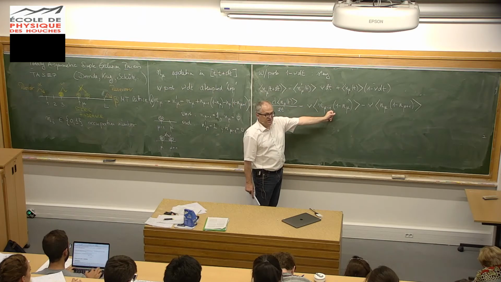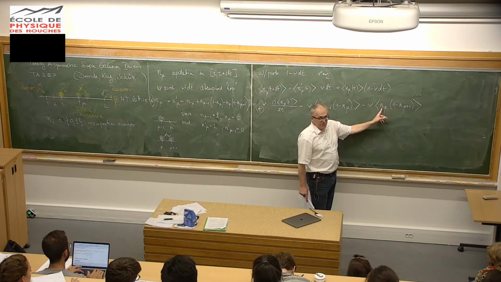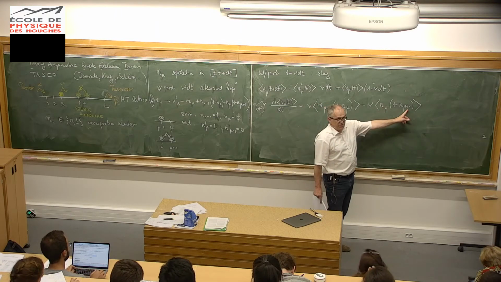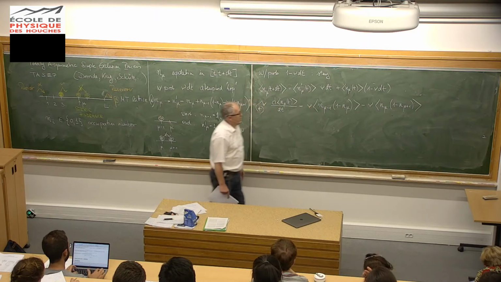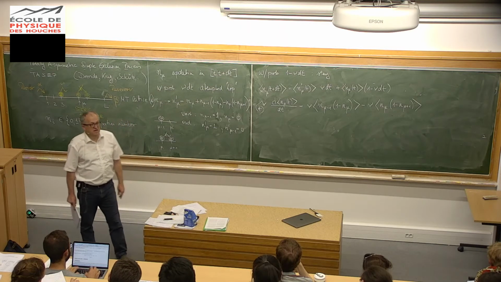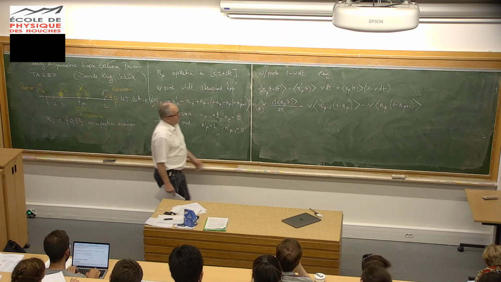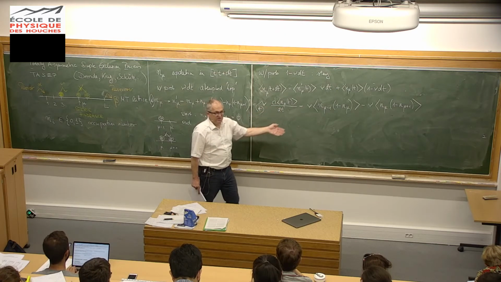This is the in process. And you lose if you are sitting at site mu and the site in front of you is empty and you hop forward. So it's a simple way of writing the master equation, if you like, in a form which connects, and that's the very unfortunate thing, the first moment with the second moment.